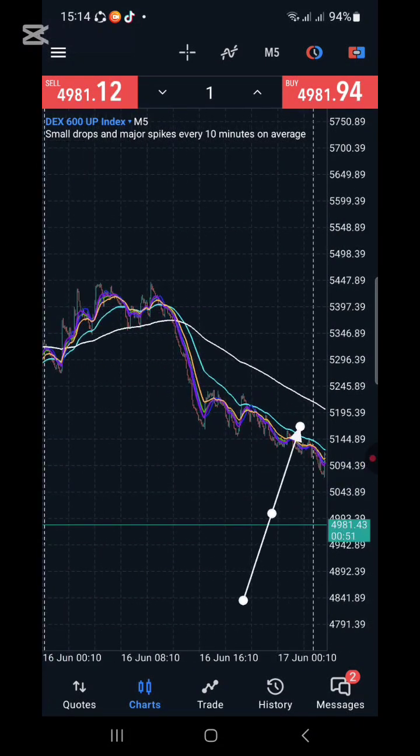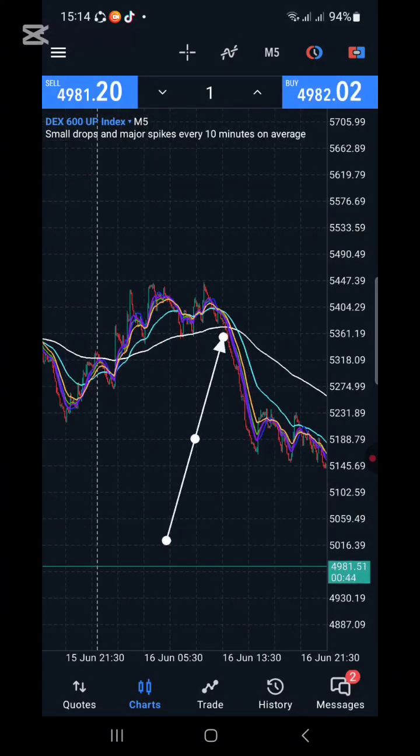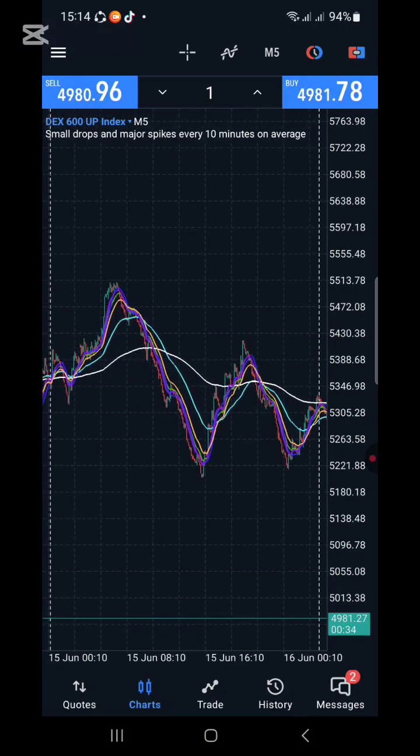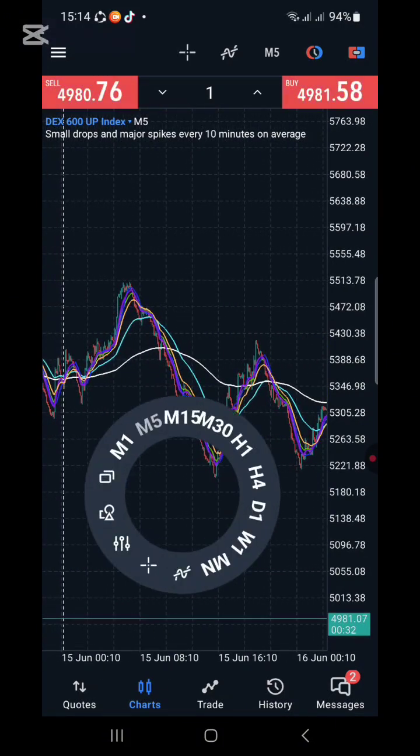So if you want to do sharper entries of such a move, what you need to do normally is just refine your entries. Do a top to down analysis, then you'll be in a position to make a lot of money.